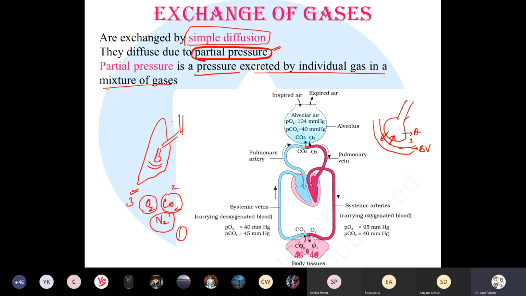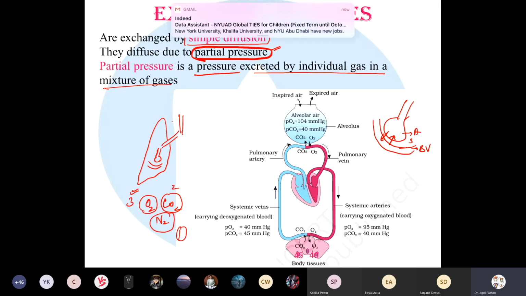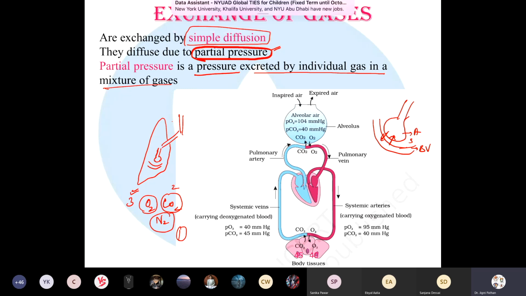We always say the blood circulatory system is helpful to carry gases, to bring out the gases, and the lungs are involved in exchange of gases. How is this happening? This all is happening due to the partial pressure of each gas. Partial pressure is the pressure exerted by an individual gas in a mixture of gases. Write this down.